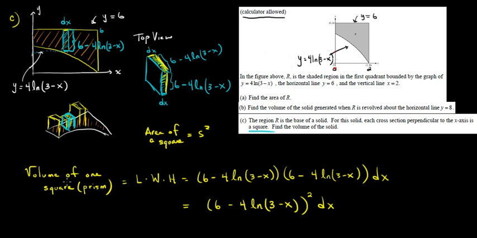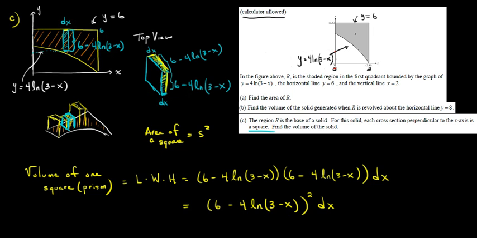Now, how do you calculate the volume of the entire region? All we've done so far is calculate the volume of one single square prism. But how can we do the entire region?